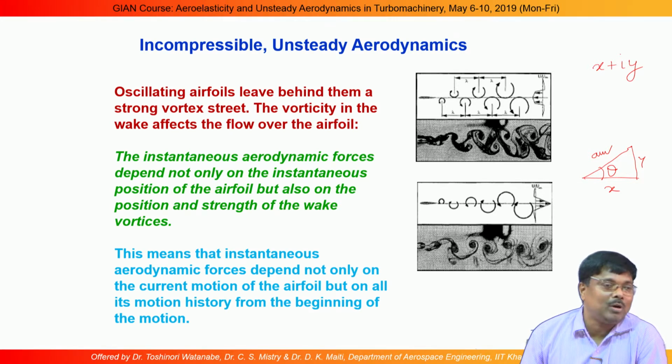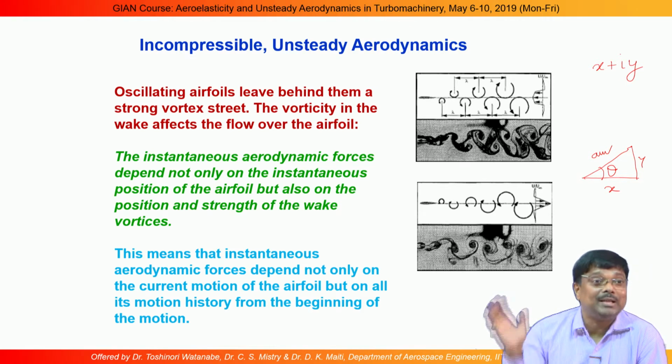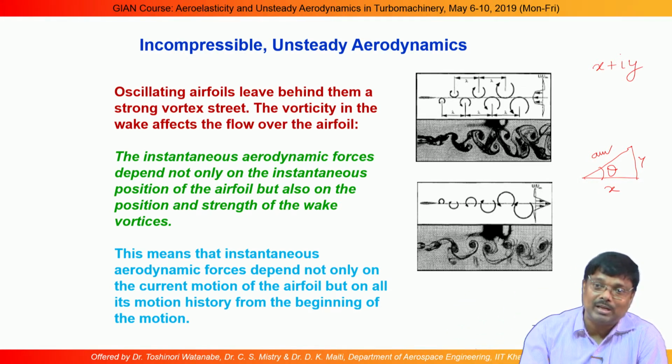If I want to do flutter analysis with the full Navier-Stokes equation in the time domain, the aircraft could fly before that. Just CFD calculation sometimes takes a lot of time, and if you put an unsteady CFD code on top of that, I am sure it will take 6 months or 1 year for a slightly complex geometry. Simple may be okay, but for complex geometry it is not an easy task.